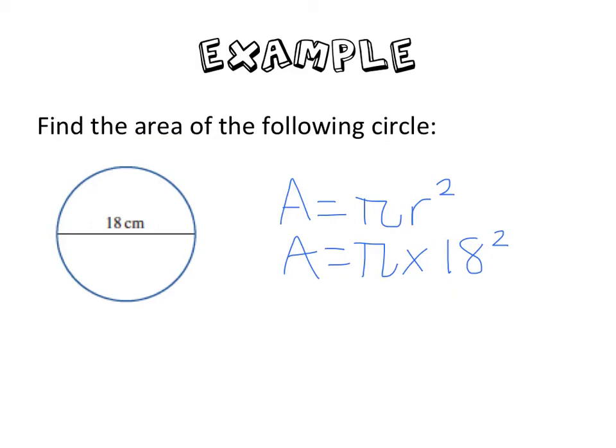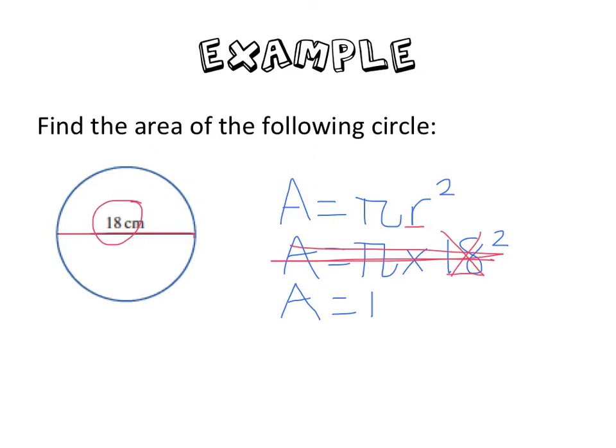I wrote down the formula, I substituted the numbers, but what have I forgotten? I've forgotten that this is meant to be the radius. What have I put in instead? The diameter. So when I'm substituting, I have to take particular care that I put in the radius, not the diameter. So I'm going to cross out that line of working and write it the correct way.